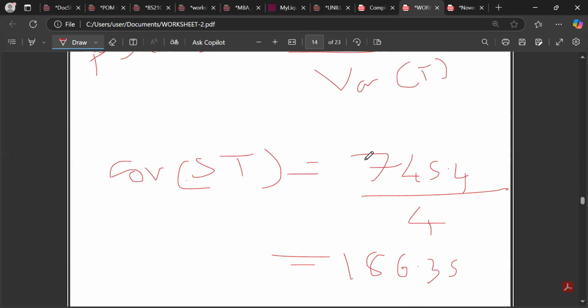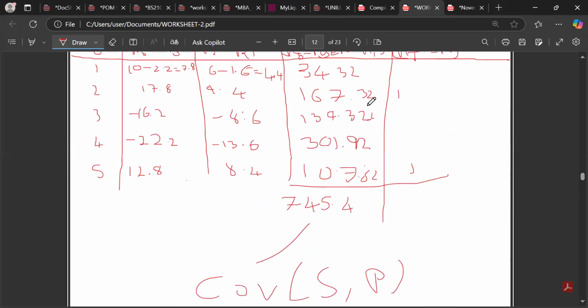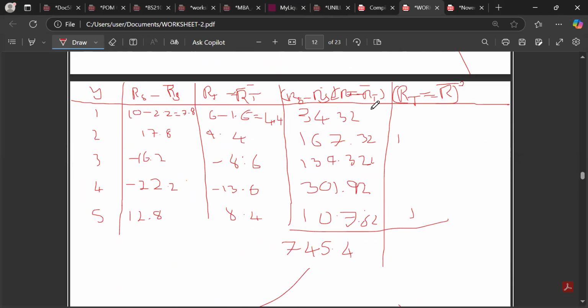Let's scroll back to the table. Here, this table. The summation I'm finding is 750.4, not 745, unless I'm doing something wrong.